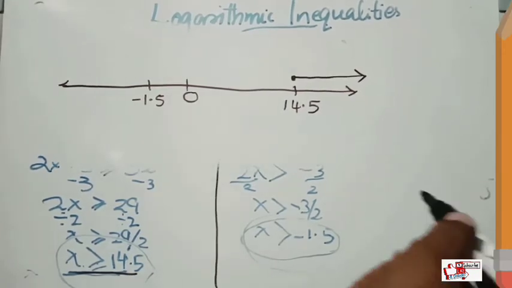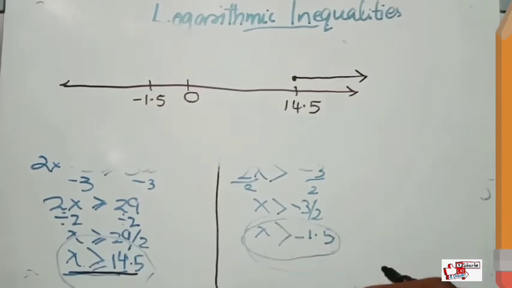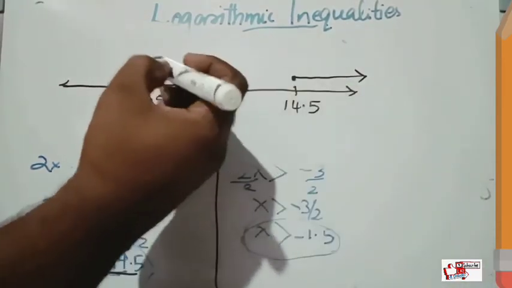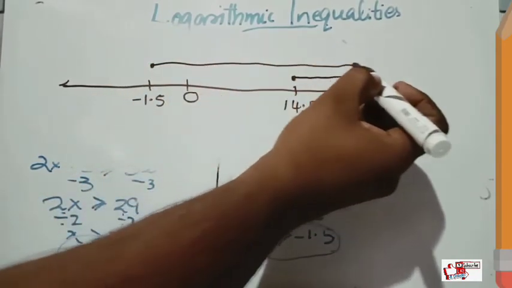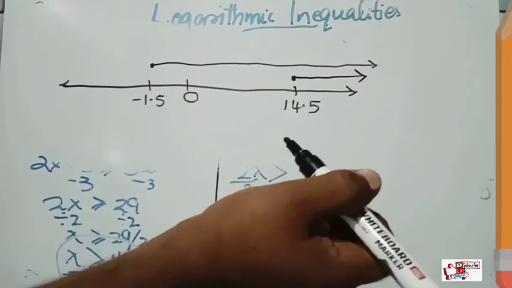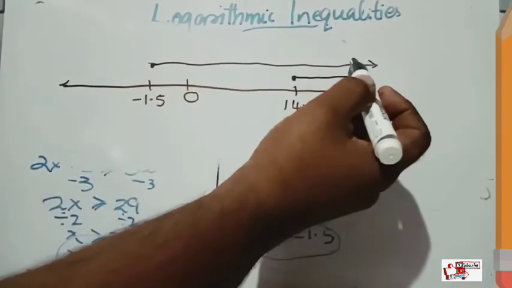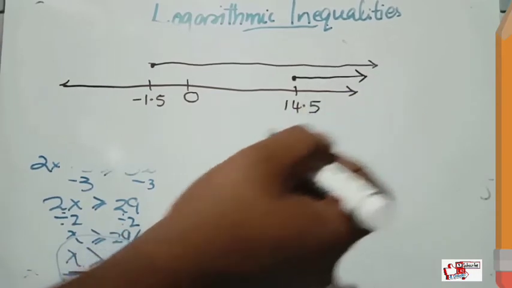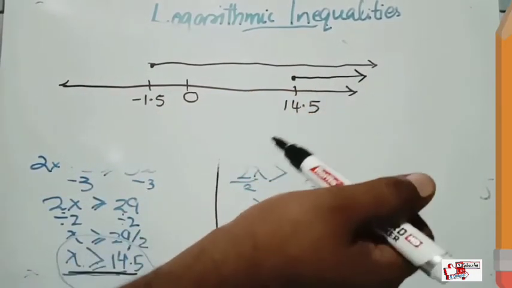Now let's see x greater than minus 1.5. Which is that region? Yes, from here to the right side. So this is the region that represents x greater than minus 1.5, and this is the region that represents x greater than or equal to 14.5.